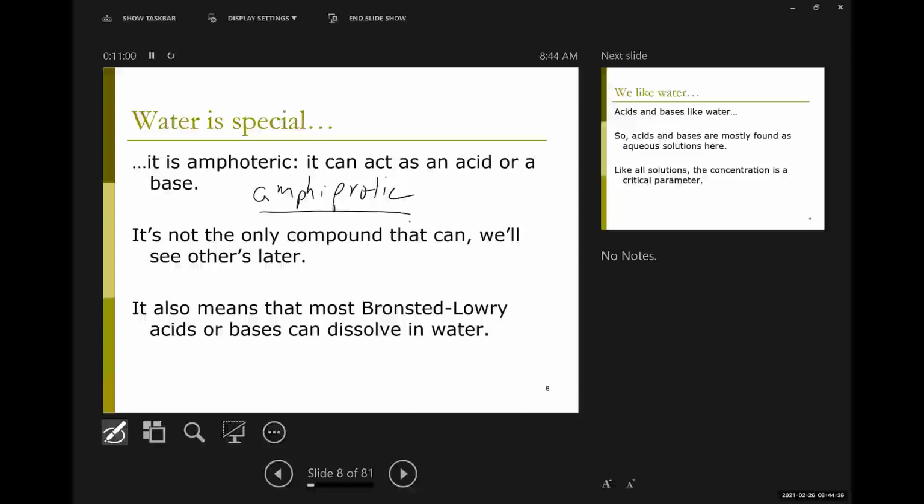In fact, it'll be a good week probably before we see that again. It's because as soon as I have an aqueous solution, I have an acid-base reaction. Because the water can be an acid and the water can be a base. Which one it decides to be depends on what you put in it, because it's not very good at either.